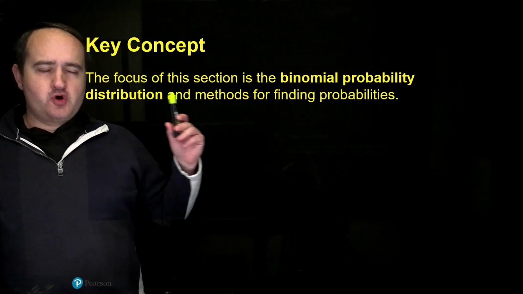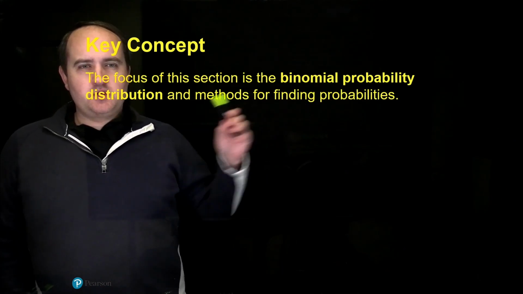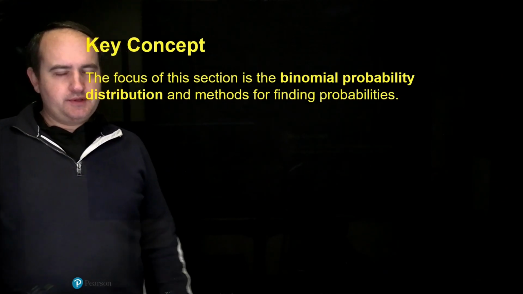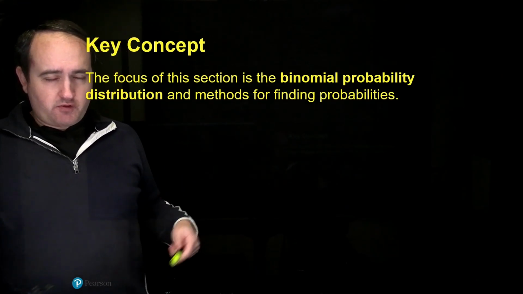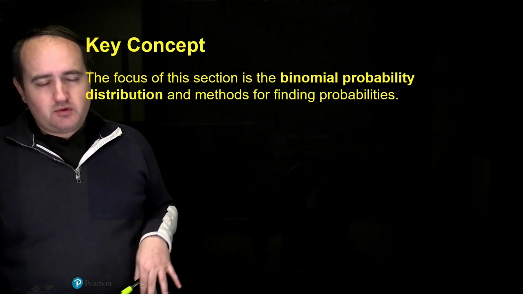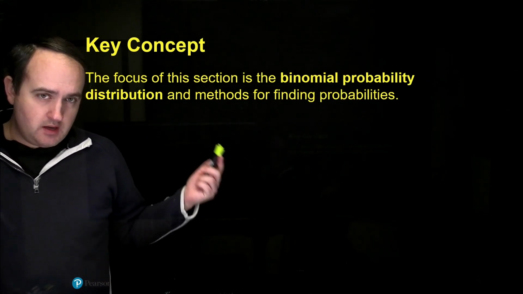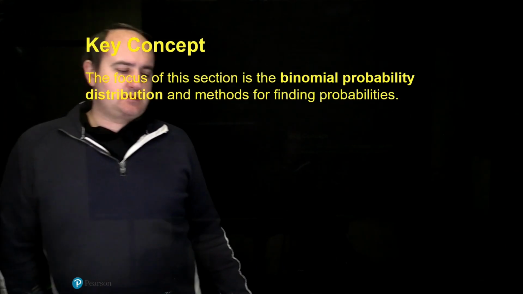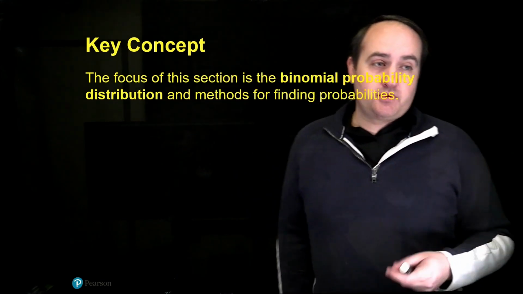And the focus of this section is the binomial probability distribution and methods for finding those probabilities. So make sure you've already gone through all of chapter 4, my videos, my homework, and quizzes from chapter 4 before you watch this video and try to do chapter 5, because you need to have a firm grasp of probability.